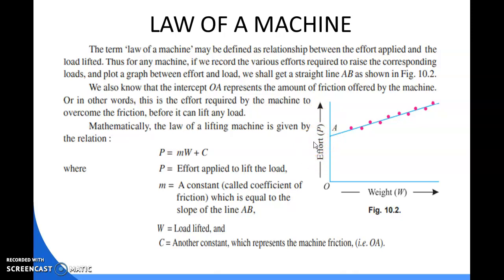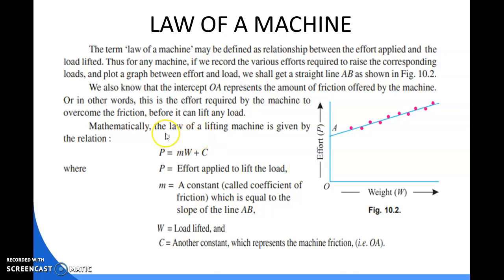Now we also know that the intercept OA, that is this one, represents the amount of friction offered by the machine. Or we can say this is the effort required by the machine to overcome the friction before it can lift any load.